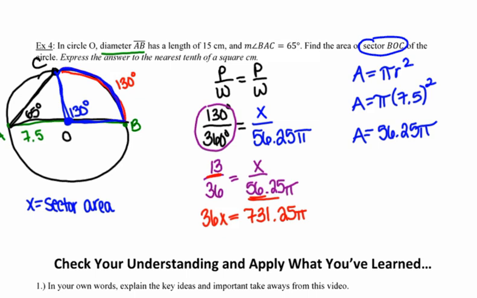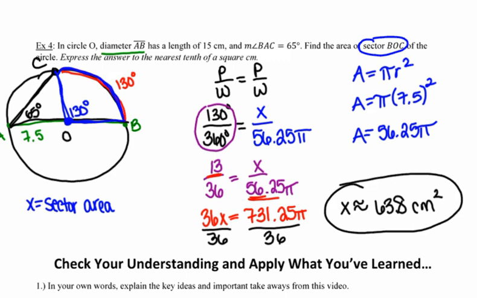In order to get x all by itself, I'm going to divide by 36. So x, or the area of my sector, is going to be whatever I get when I get my calculator out and type in the 731.25 pi over 36, or in this case, 63.8 square centimeters.